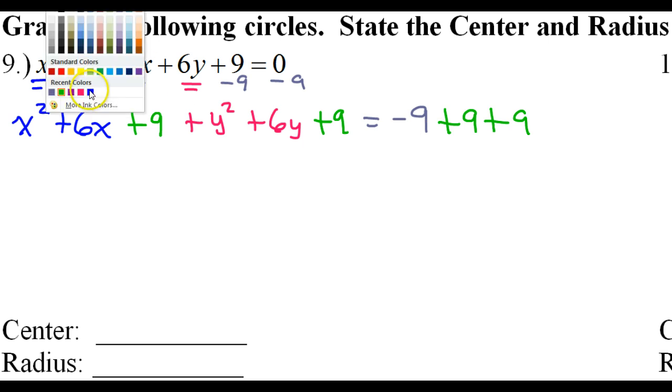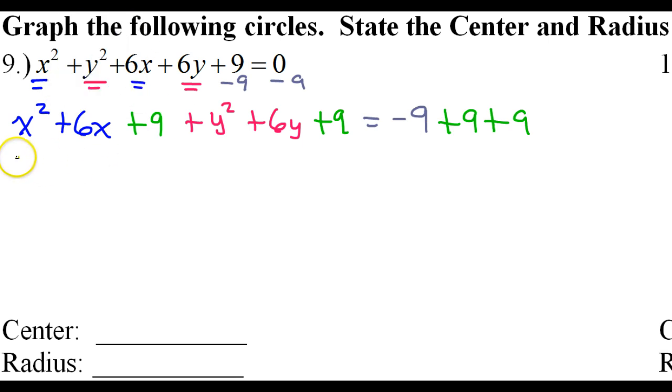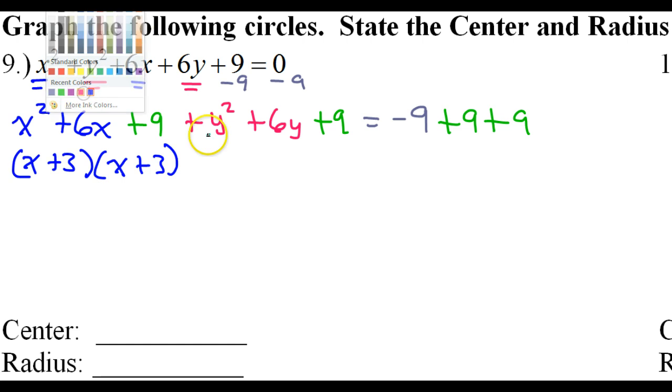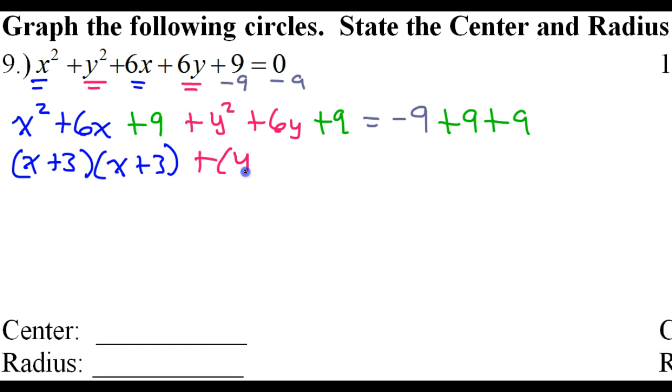Now, the point of completing the square was to make it so that these would factor as the same thing twice. Specifically, this trinomial will factor as x plus 3 times x plus 3. This trinomial with the y's in it will factor as y plus 3 times y plus 3. I'm seeing a lot of balance and symmetry here.